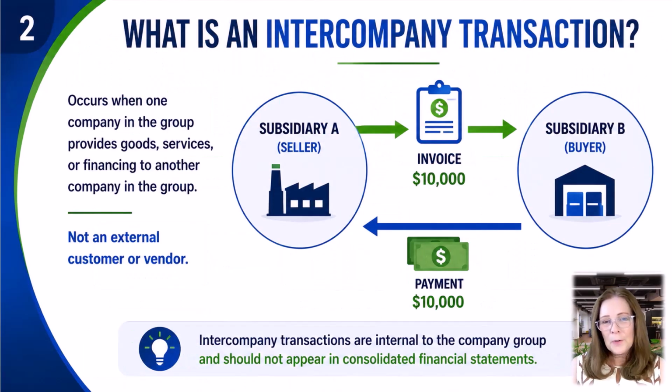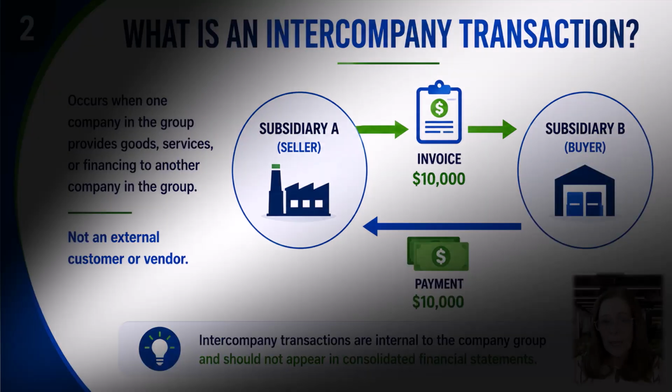An intercompany transaction occurs whenever one company within the group provides goods, services, or financing to another company in that same group. In this example, subsidiary A sells inventory to subsidiary B for $10,000. Subsidiary A records the sale and sends an invoice.